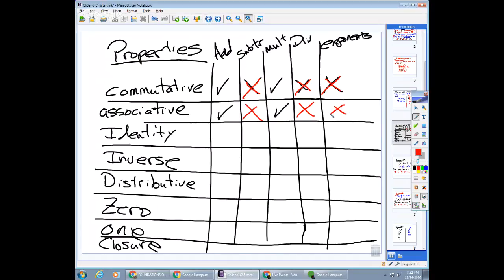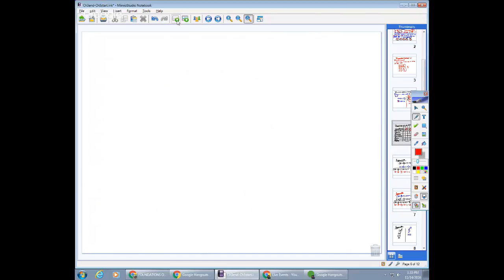Okay, identity. Identity is a number that doesn't change things with the operation. Okay, so is there a number we can throw into an addition that doesn't change a number? 0, yeah. So identities.